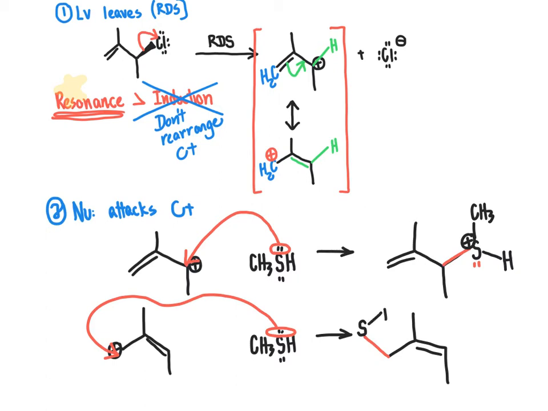That sulfur is still bonded to a hydrogen, and it's still bonded to a CH3, so it's all about keeping track of who's where here. And we still have a set of lone pair electrons that are residing on the sulfur. That's going to result in that sulfur having a positive formal charge. So now we have our two intermediates resulting from the attack of the nucleophile sulfur on the electrophilic carbocation.